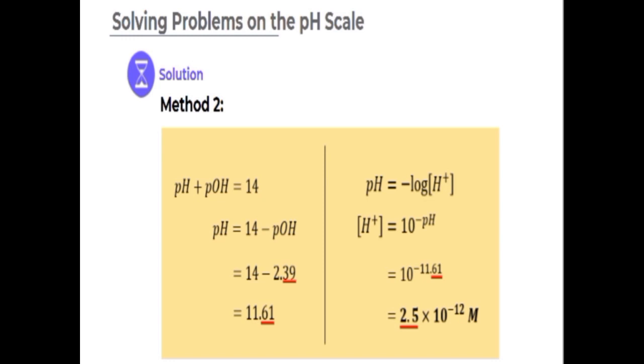No extra digit is necessary to include in the value of pH since the answer is exact. The hydrogen ion concentration is equal to 10 raised to negative pH. Substituting the value of pH, we obtain hydrogen ion concentration equals 2.5 times 10 raised to negative 12 molar.